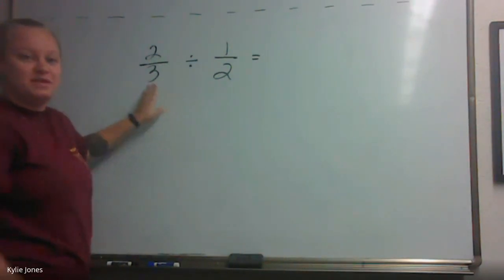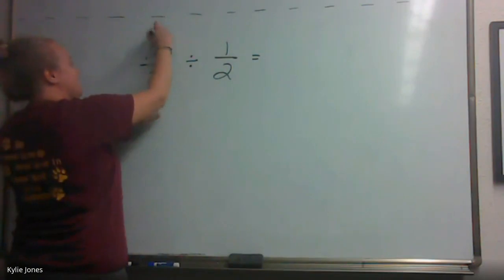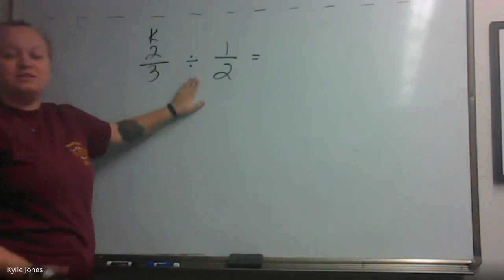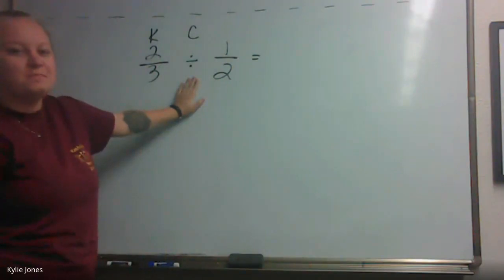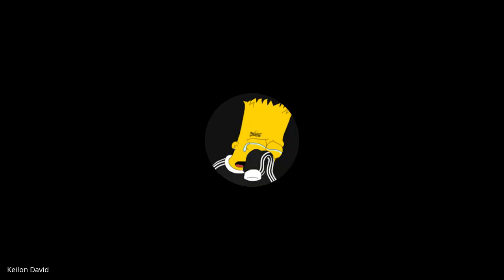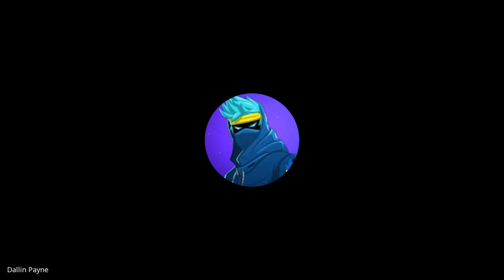When we talk about KCF, keep, change, flip, that means keep the first fraction the same. Change the division. Does anybody know what I changed the division to? What's the opposite of division? Multiplication.